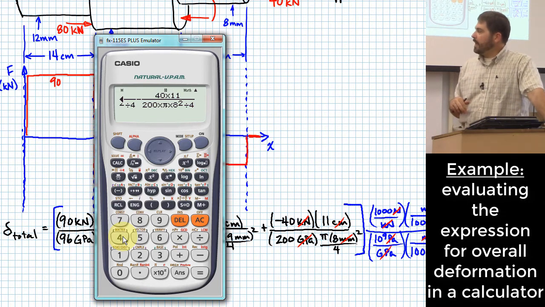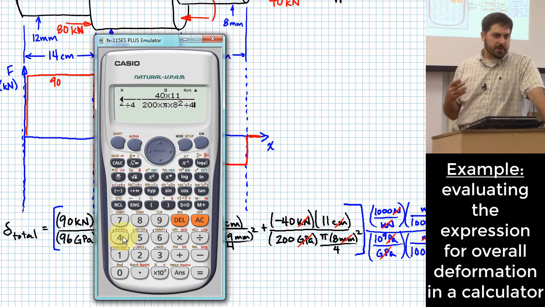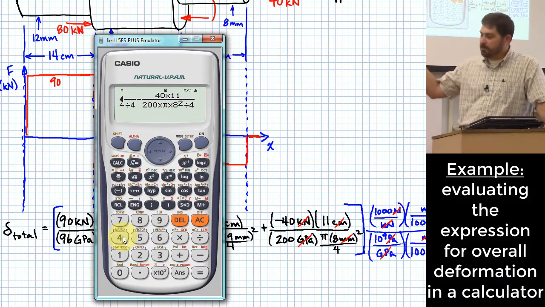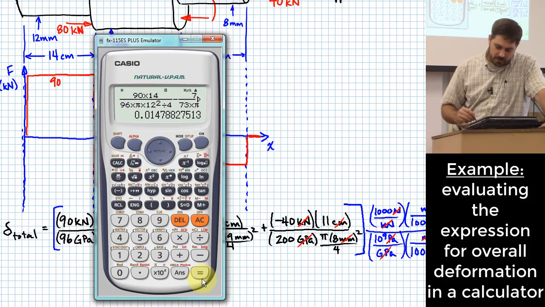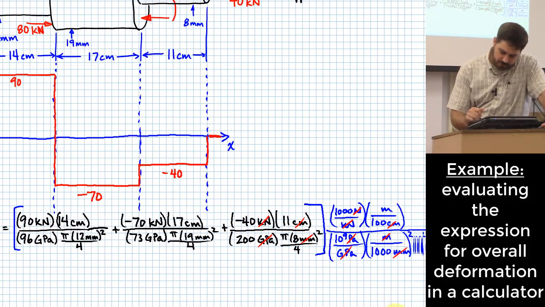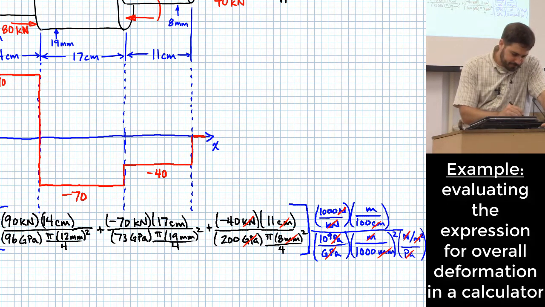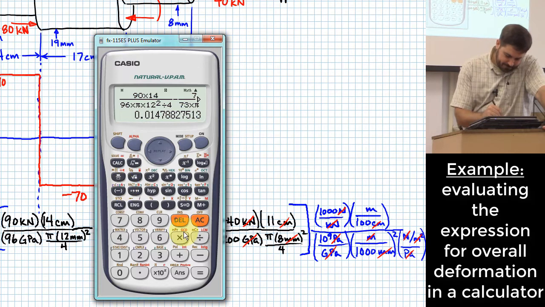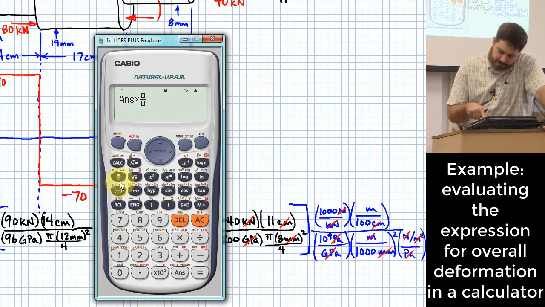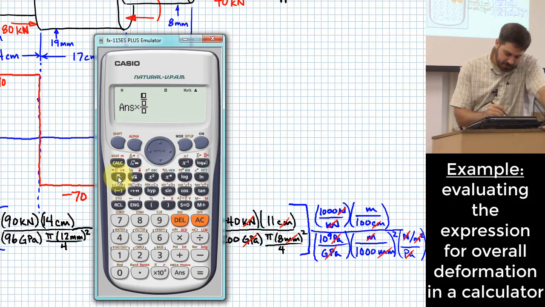And the answer I get, I'm going to go ahead and hit equals. Answer I get is nothing just yet, because whatever I get there, I need to apply all of these conversion factors to that. Okay? So I'll hit equals. I get this result. What do I need to do to the result? Okay? Multiply by, up there in the numerator of this thing, it looks like I have another fraction that is just 1,000.